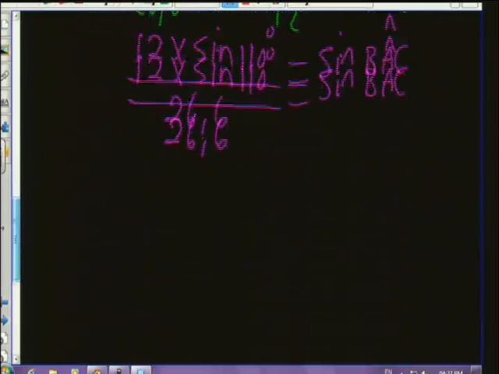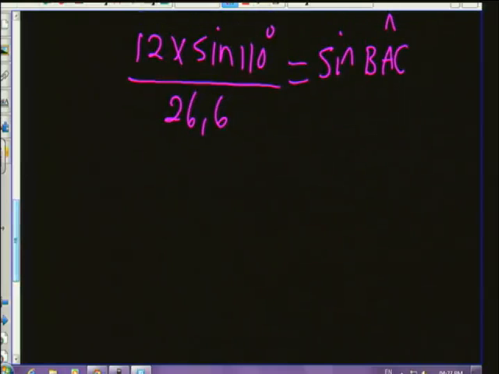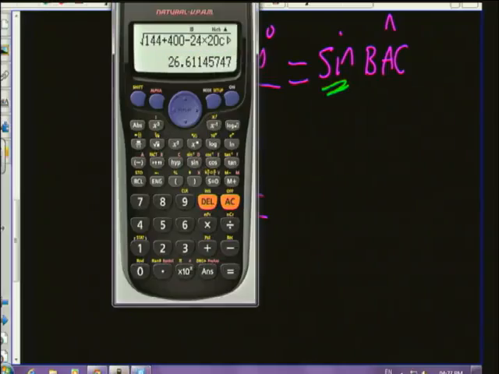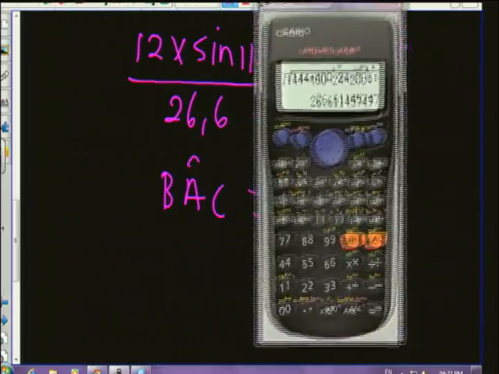All right? Now, I want BAC. BAC will be equal to, now I've worked it out on my calculator, and to get the angle, I've got sine there, so I'm going to say arc sine of whatever I get on my left-hand side. So let's do that.